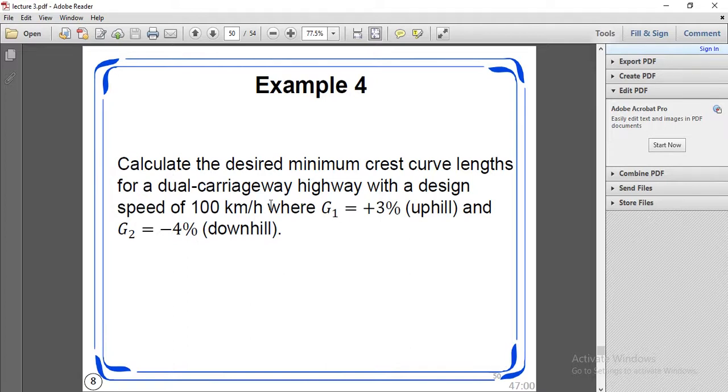So first we will understand this example 4.